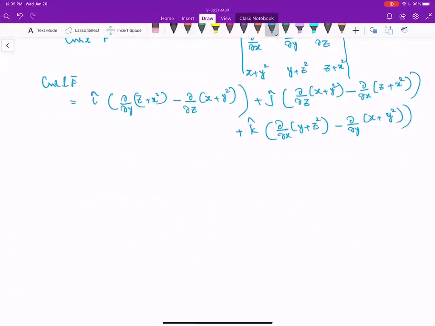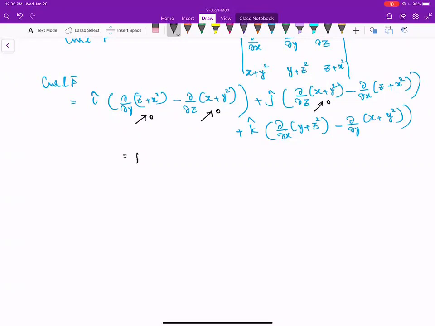So we notice here, this is 0, this is 0, because with respect to z, x and y are constants, and this part is going to be 0. Now this part does exist.